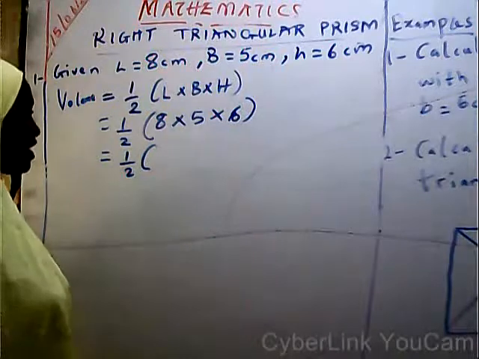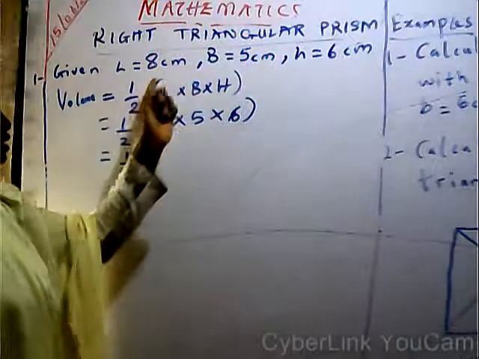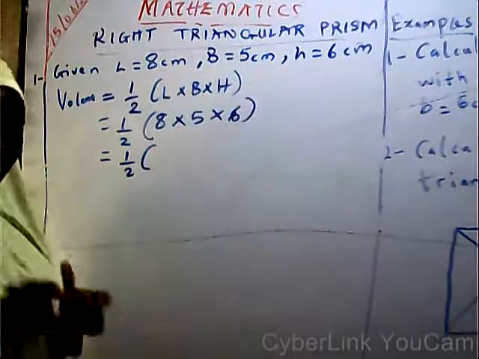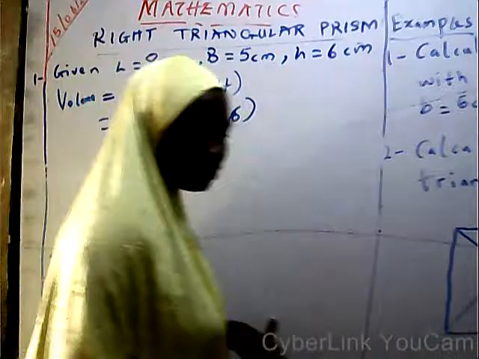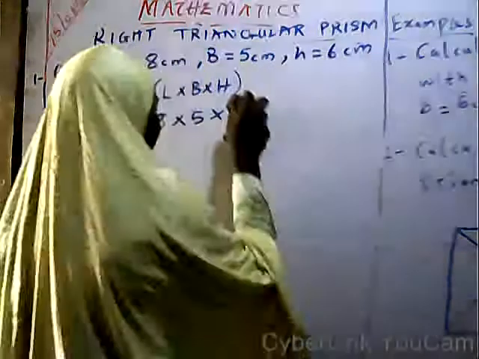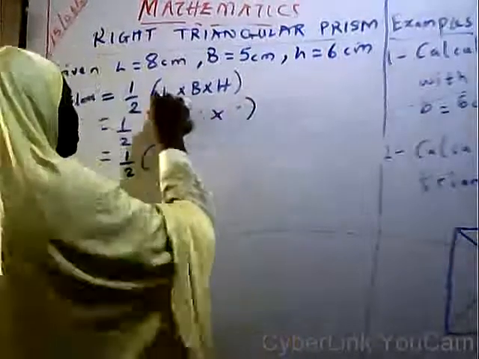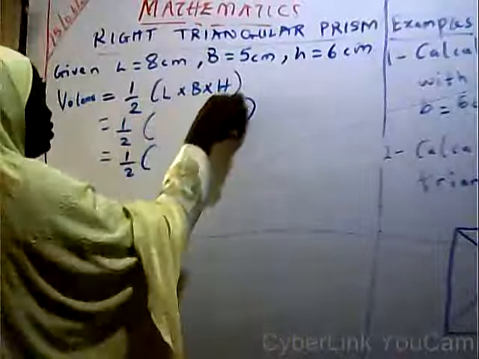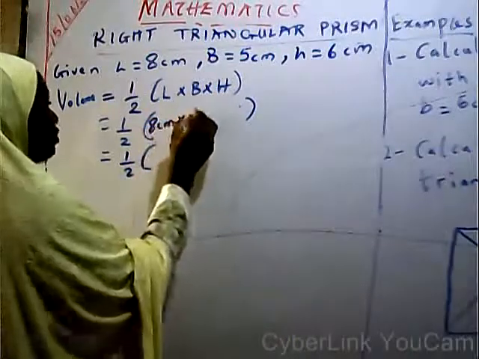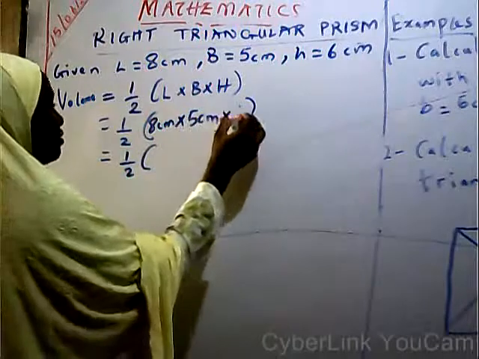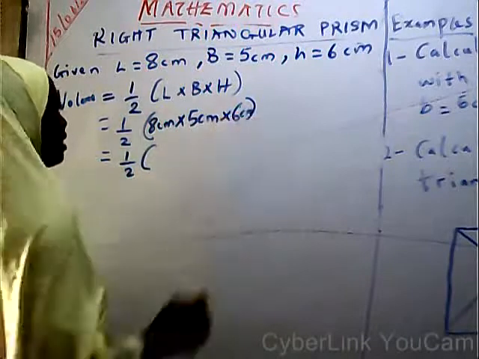Don't forget your unit, it is very, very important. Let me include the unit one after the other, so that we're able to get our cube: 8 centimeter times 5 centimeter times 6 centimeter.